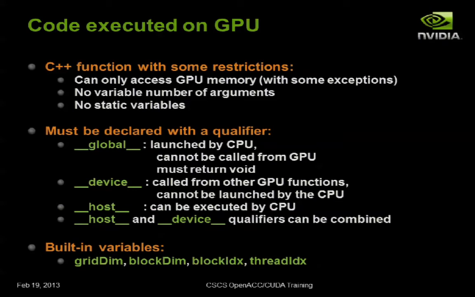So these functions that carry the attribute device, they will not be visible on the host. And then finally, you have the identifier and the dimension, the built-in variables for the kernel that help you to identify each thread individually.